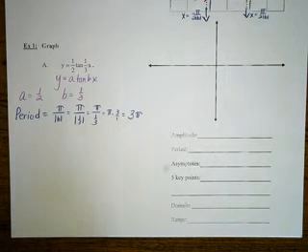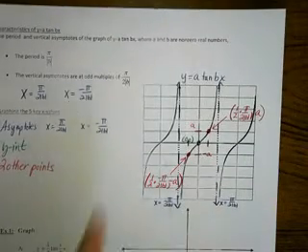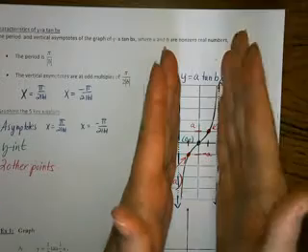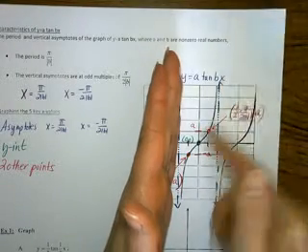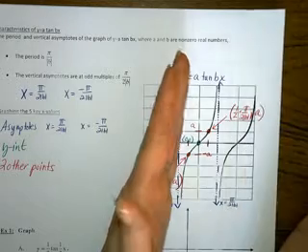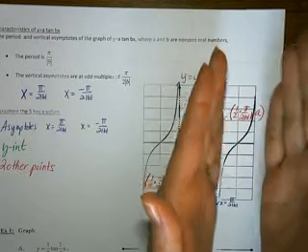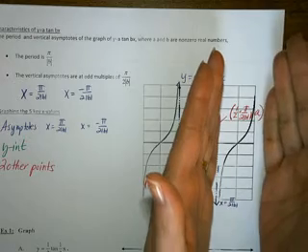Okay, now here's the deal with tangent. My period is 3 pi. One full cycle is 3 pi. Now think about what that means. One full cycle, that means from one asymptote to the next asymptote with one little mini snake curve in there, it's a distance of 3 pi. Then, from this asymptote to the next asymptote, it's going to be a distance of 3 pi.